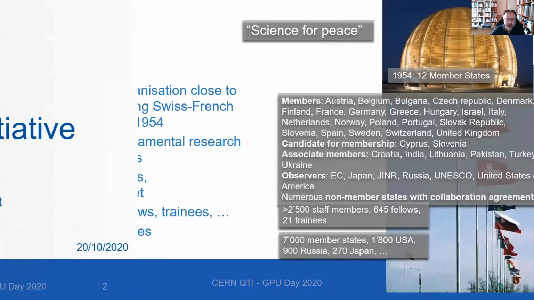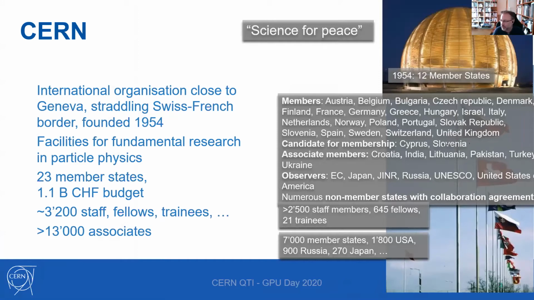I have a few slides about CERN. I expect most of the people attending to be very familiar with CERN, so I will not go into details, but just to remind everybody how CERN typically works.